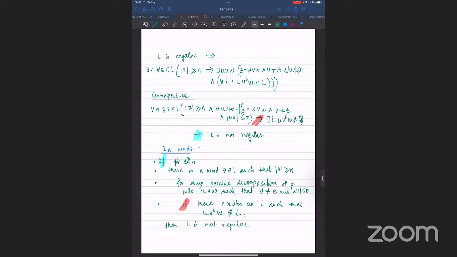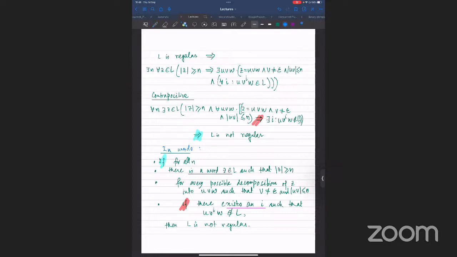So if I am going to prove that the language is not regular, then I am going to choose these things. There exists this, if this is the case, okay? And I am going to choose the word, okay? Whereas if you are trying to prove that the language is regular, then you are going to choose everything which is the for all part, right?